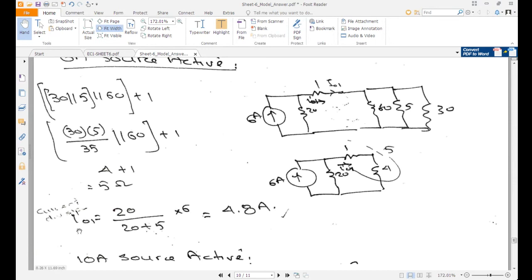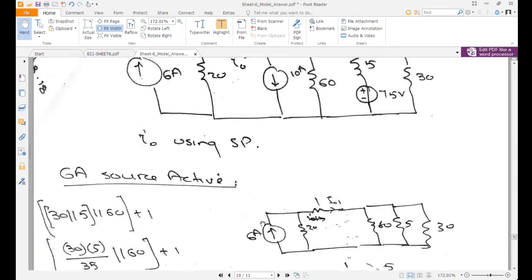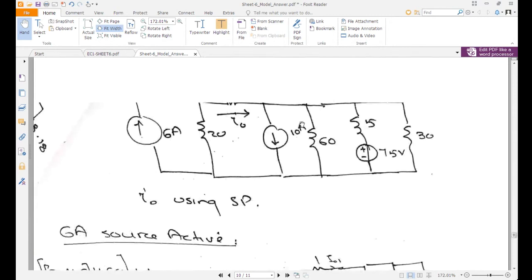Now by using the current division method, the total current is 6, the opposite resistance is 20, divided by 20 plus 5 total resistance, so I1 is 4.8. Is it clear? 4.8.